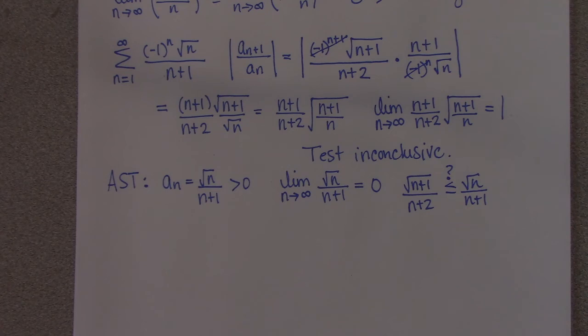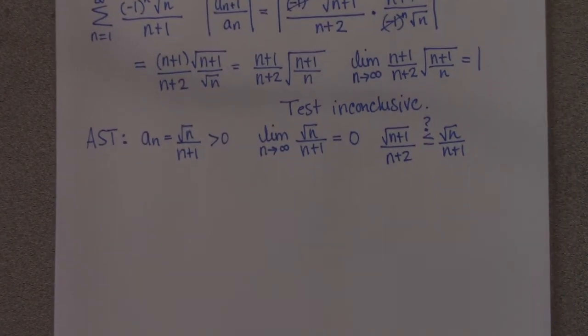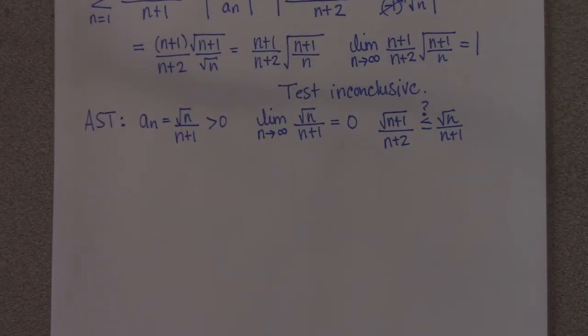So does anybody remember from Calc 1, how did we test if a function was decreasing or increasing? What did we look at? Second derivative was concavity, the first derivative, right?